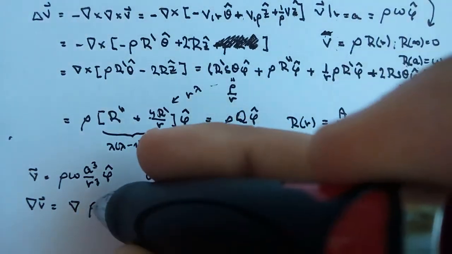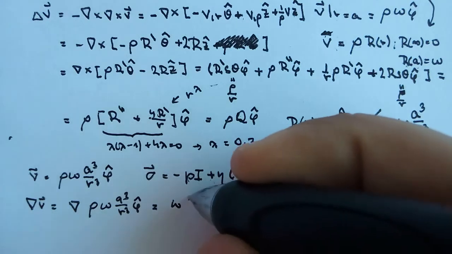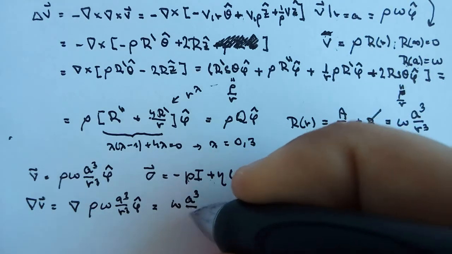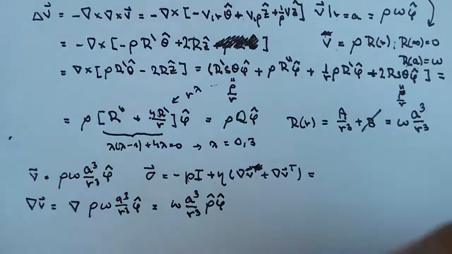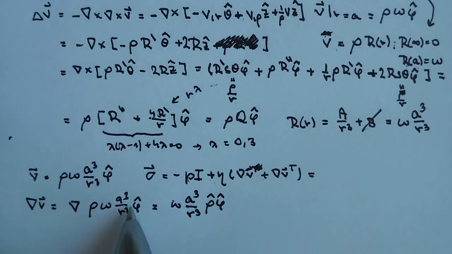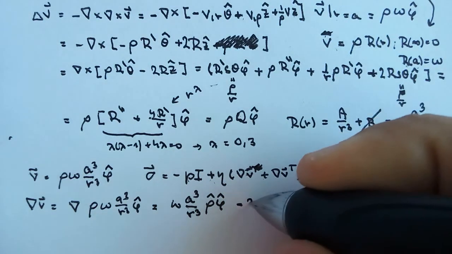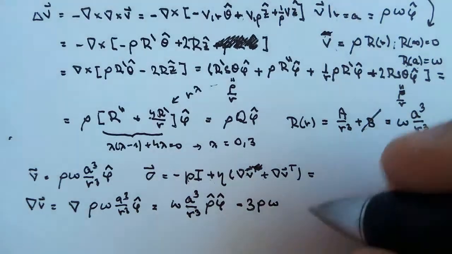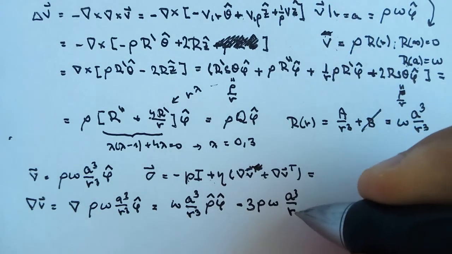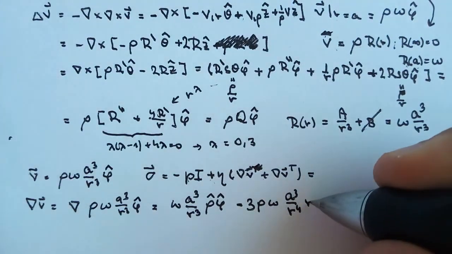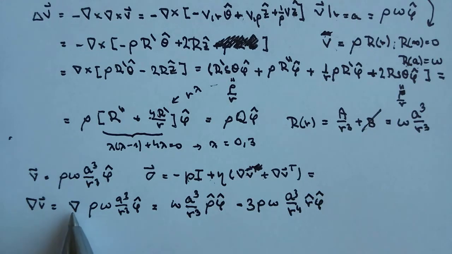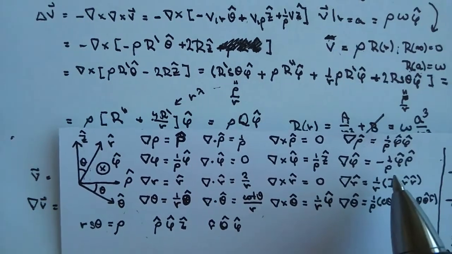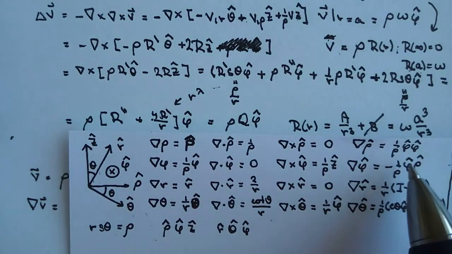That's going to be rho hat tensor product with phi hat, minus the derivative of this, which is minus 3 times rho omega a cubed over r to the 4th power, and there is r hat phi hat. And again we have to compute the gradient of the unit vector phi hat, which is going to be minus 1 over rho times phi hat rho hat.